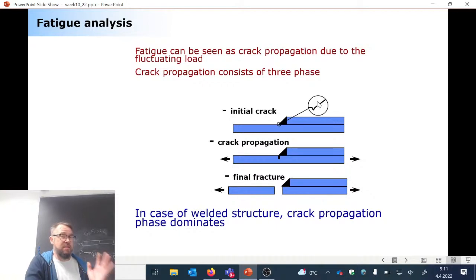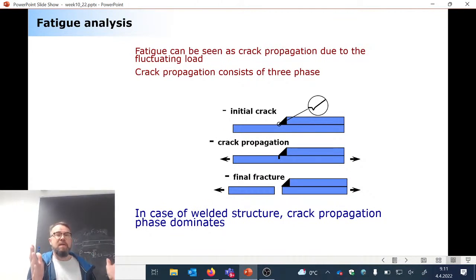So it's a safe assumption to say that whatever you get, a brand new product, is full of initial cracks. And that's why the fatigue life of a welded structure is dominated by crack propagation. You just need to handle the situation that a crack is growing inside the structure, mastering the crack propagation.